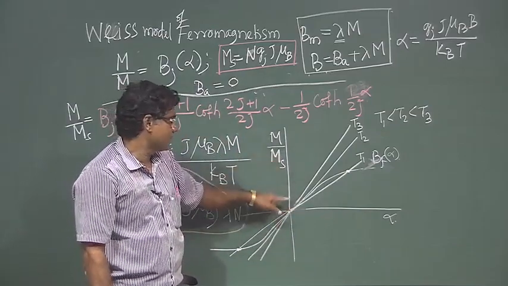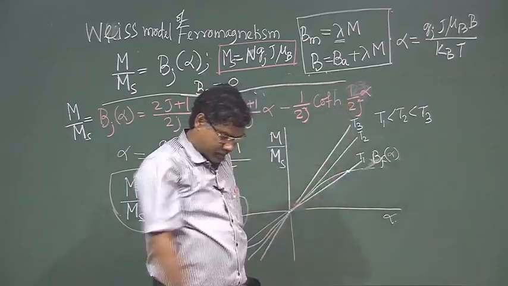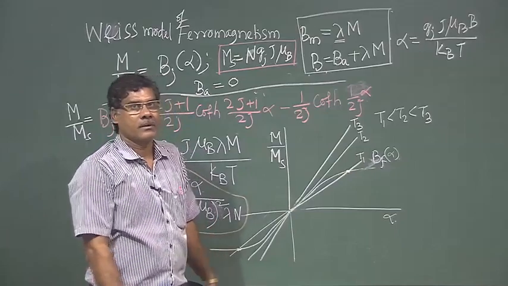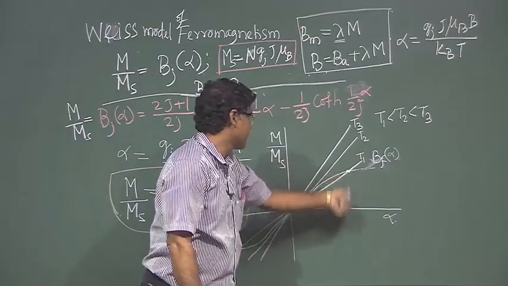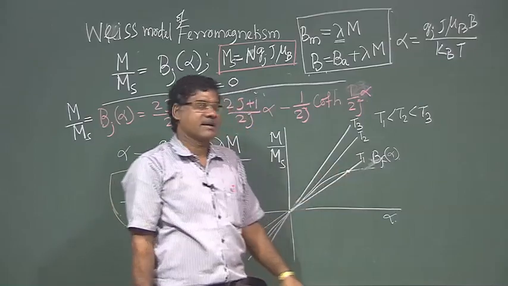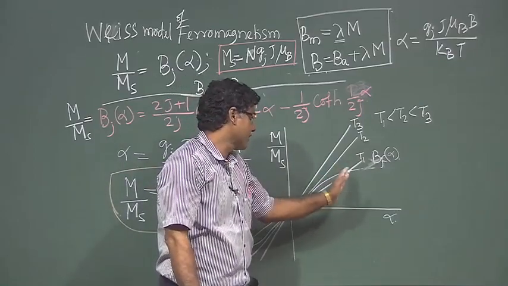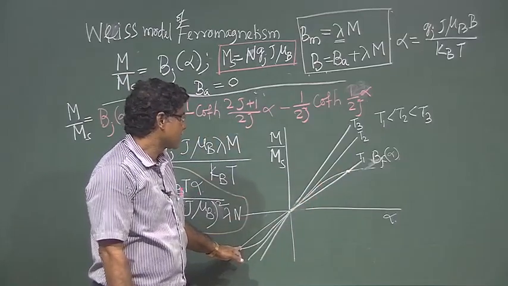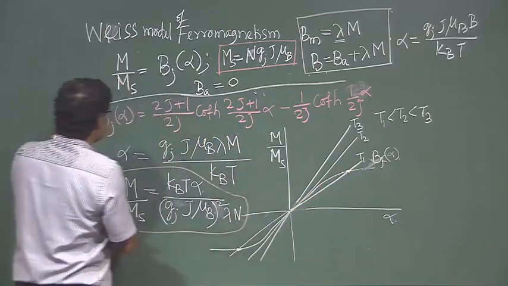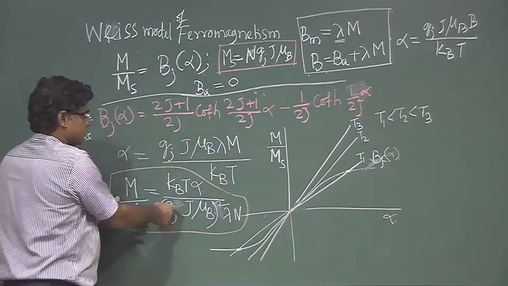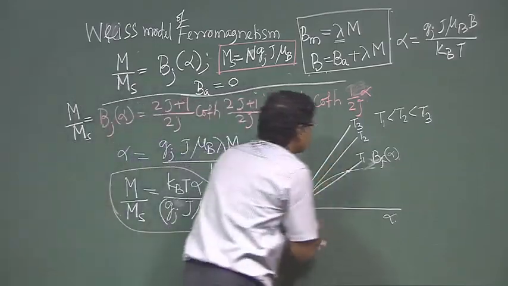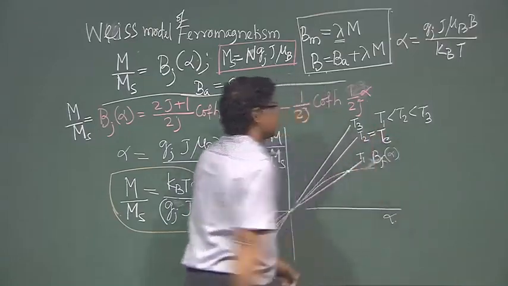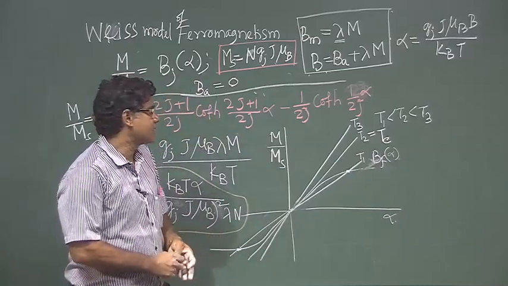From this curve you can see that below a certain temperature magnetization exists, because there is a simultaneous solution satisfying both. The gradient case, T equal to Tc, is the critical or transition temperature.